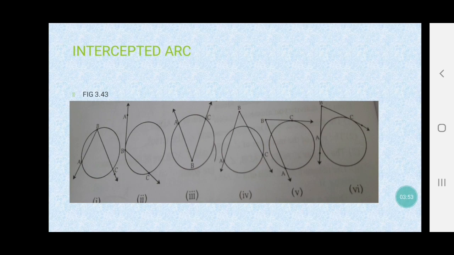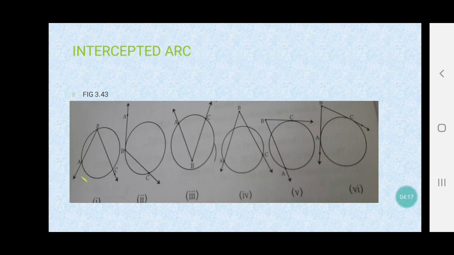So from this, what do we conclude? We conclude that the arms of the angle should either intersect the circle or touch the circle, so that we may get an intercepted arc. Wherever the arms are intersecting or touching the circle, that arc is known as the intercepted arc.